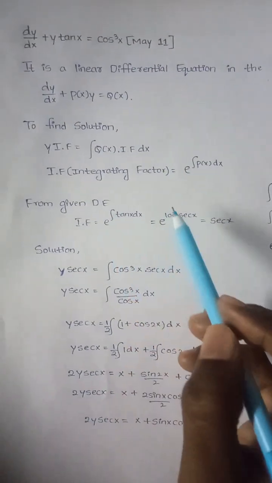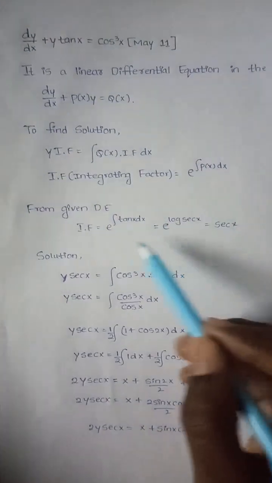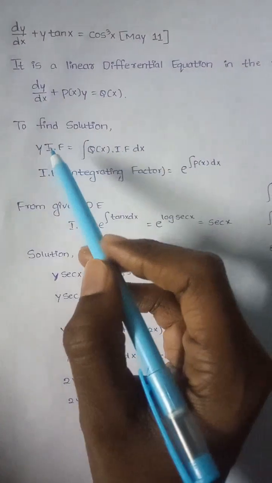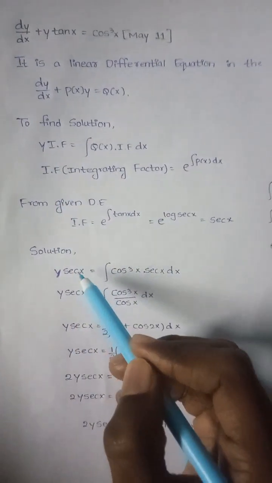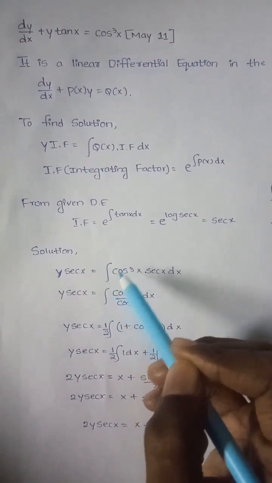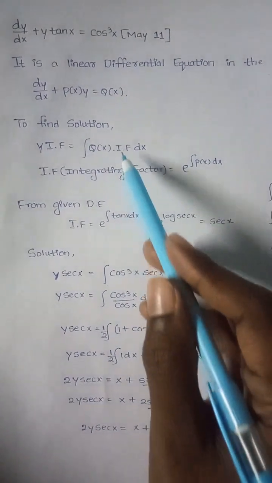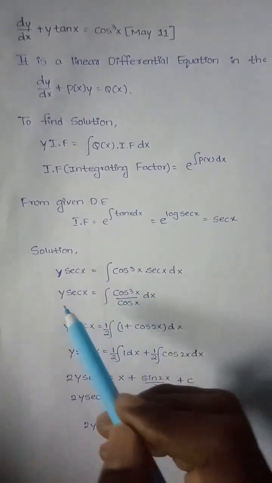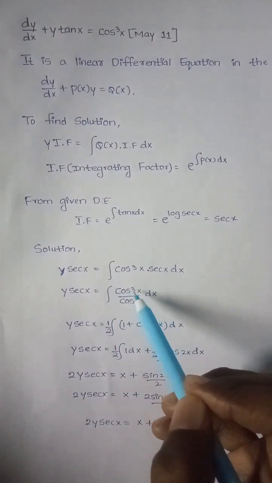Right? Now substituting q of x, that is cos cube x, and the integrating factor, that is sec x, we get y into sec x is equal to integration of cos cube x into sec x dx.